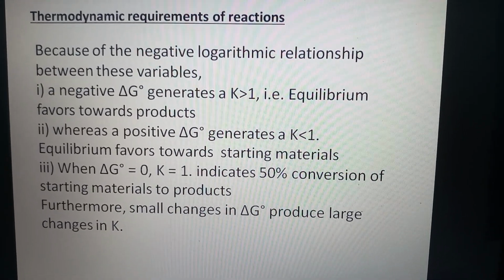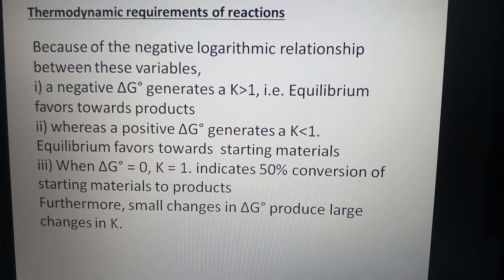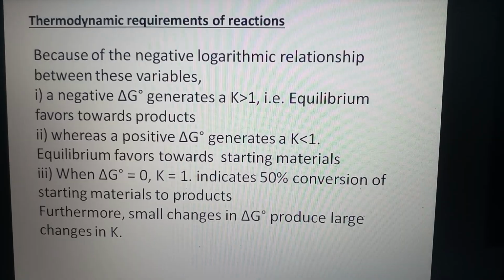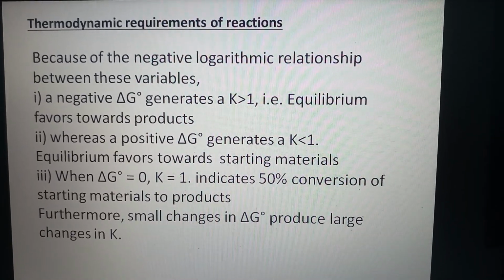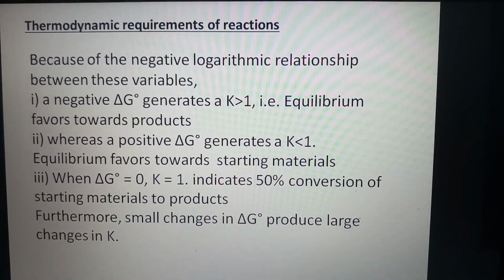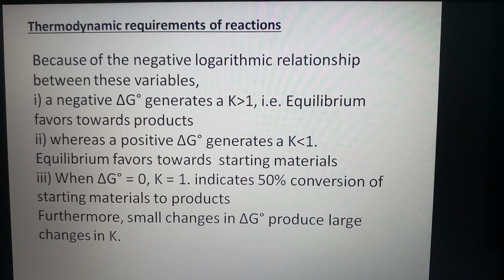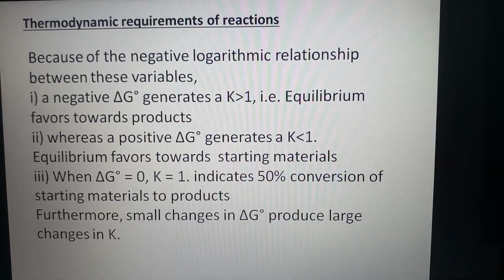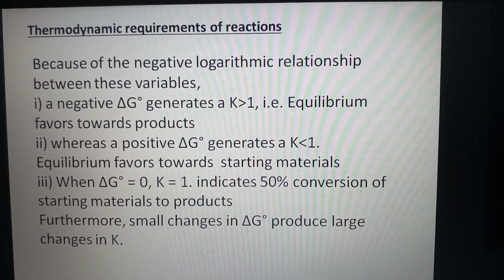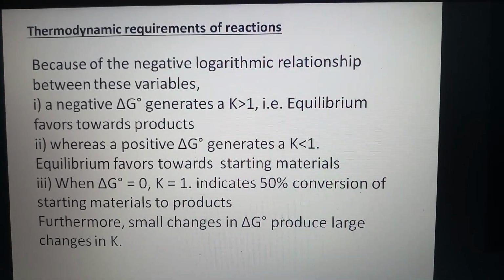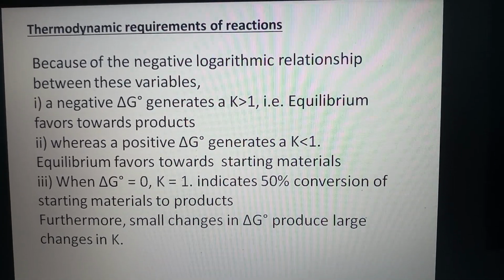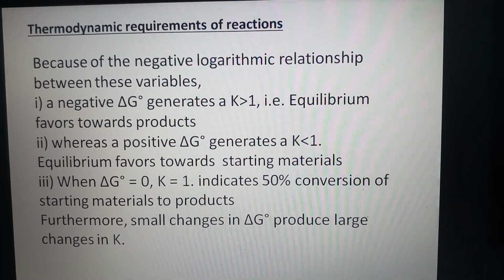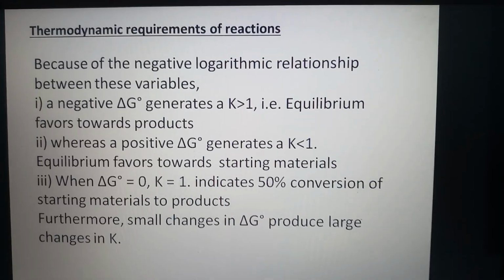Because of the negative logarithmic relationship between these variables, a negative delta G0 generates a K greater than 1, that is, equilibrium favors products, whereas a positive delta G0 generates a K less than 1, that is, equilibrium favors starting materials. When delta G0 is equal to 0, that is, K is equal to 1, it indicates 50% conversion of starting materials to products. Furthermore, small changes in delta G0 produce large changes in K.